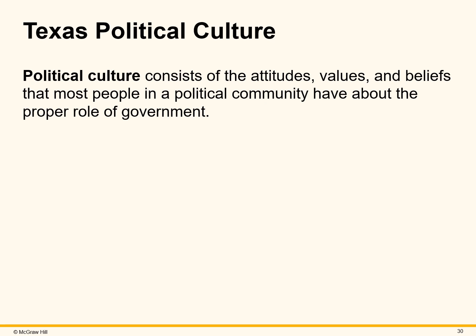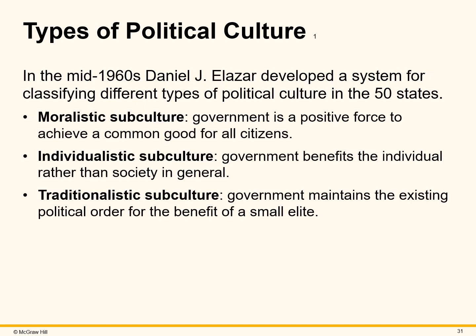Texas political culture. Political culture consists of attitudes, values, and beliefs that most people in the political community have about the proper role of government. The types of political culture. In the mid-1960s, Daniel Elazar developed a system of classifying different types of political culture in the 50 states.